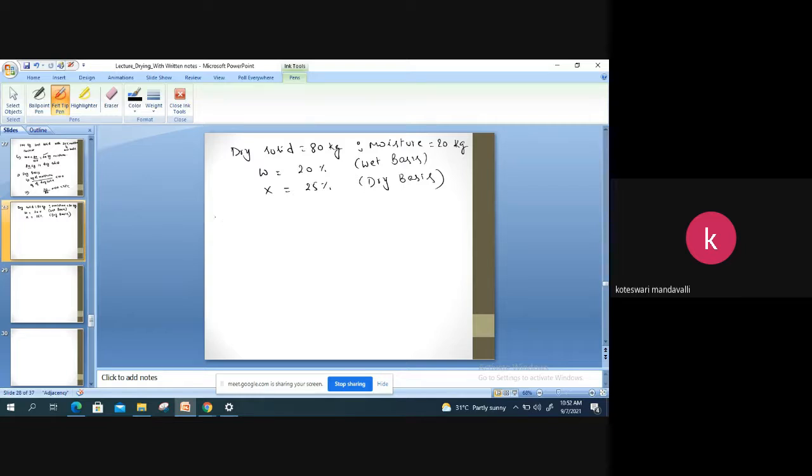Now, suppose drying removes 10 kgs of moisture.